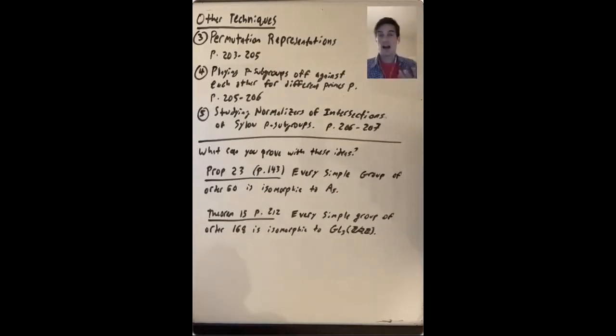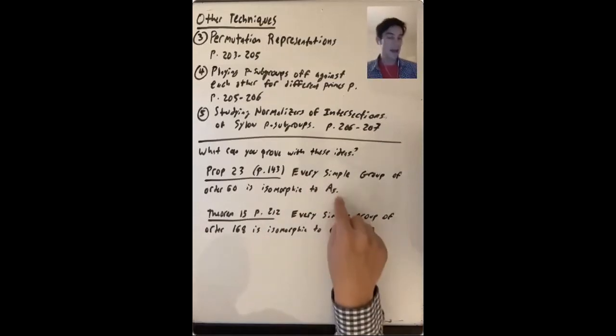So obviously you can't show that there are no simple groups of order 60. There is one, but there is exactly one up to isomorphism. A more complicated example of a similar statement is theorem 15 on page 212, which says that every simple group of order 168 is isomorphic to GL3 of Z mod 2Z.